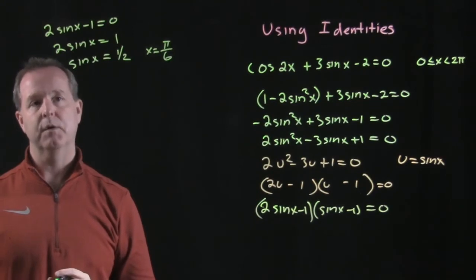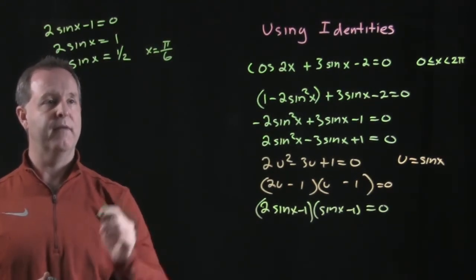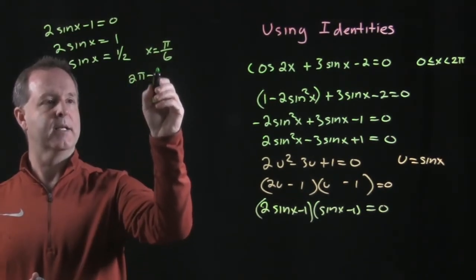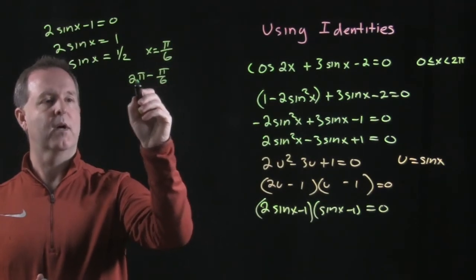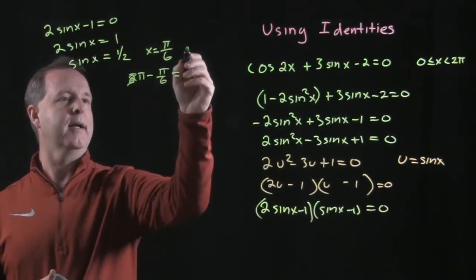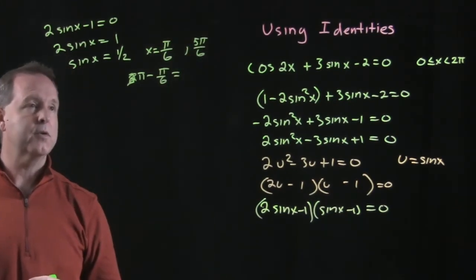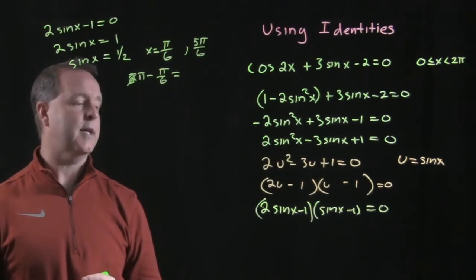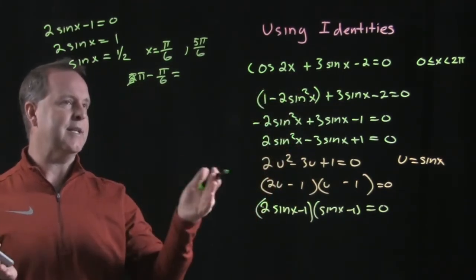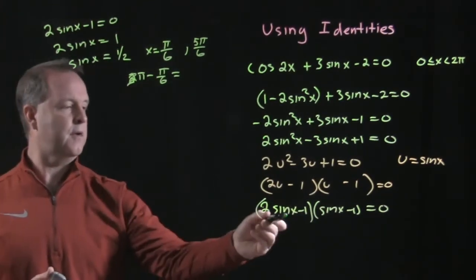We know that sine's also positive in the second quadrant. So to find that one, we would do pi minus pi sixth, and that gives me 5/6 pi. So those are the two values in the first and second quadrants that fit within my interval. Again, any 2 pi above that pushes out beyond the interval. So that's all the solutions for the first one.